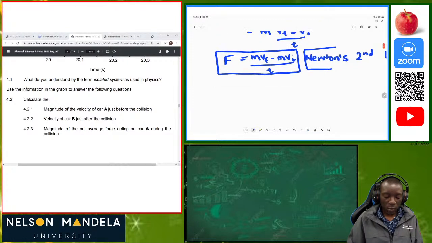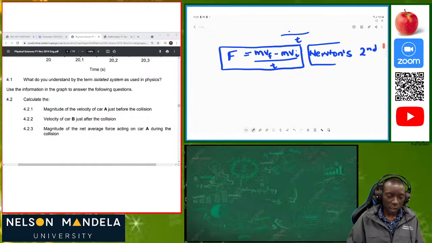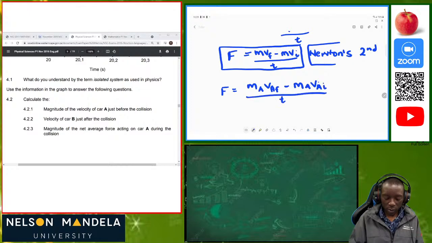So that means we can use the same principle to say F equals the mass of A. This is acting on car A, that's why we're dealing with A. Mass of car A times velocity final of car A minus mass of car A times velocity initial of car A over the time delta t.